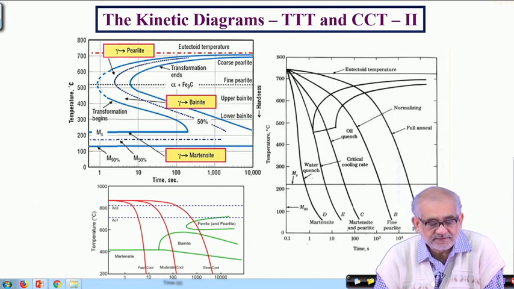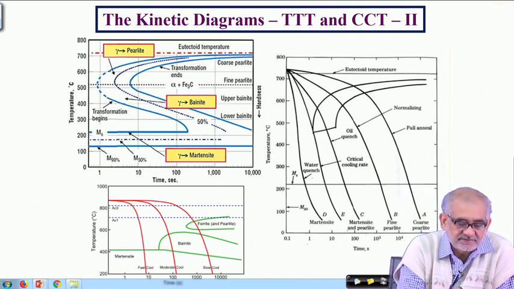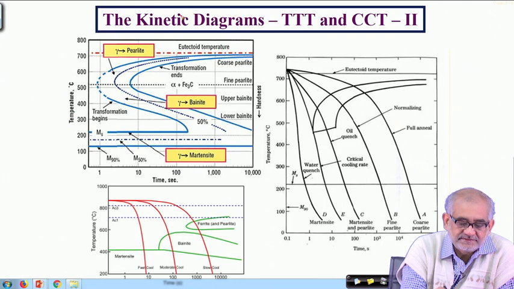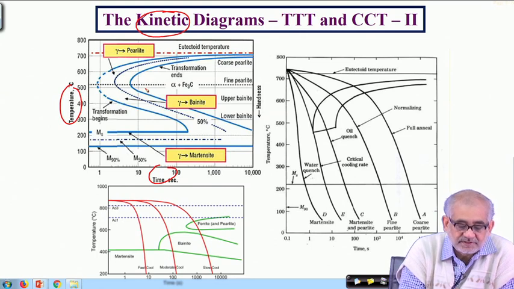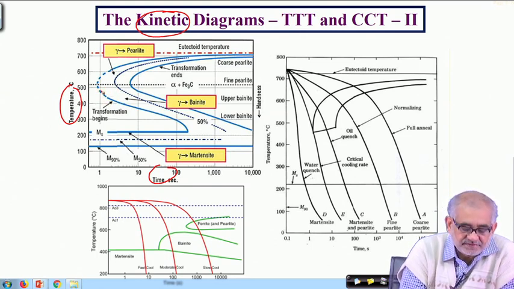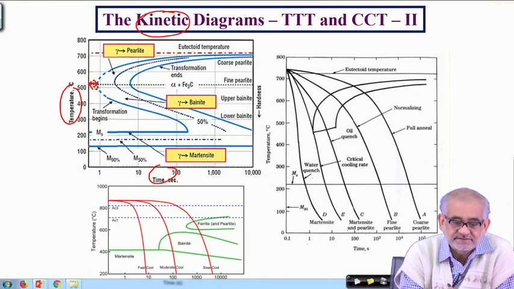But before we do that, I must tell you that this kind of a kinetic diagram that we are seeing here, so this kinetic diagram of essentially time temperature plot, is typical of plain carbon steel. And the difference here, what is important noting at this point, is that this region is the so-called knee region.